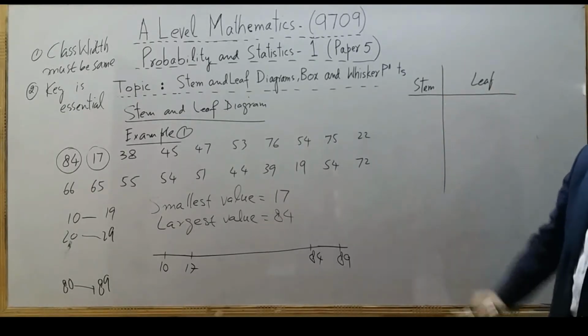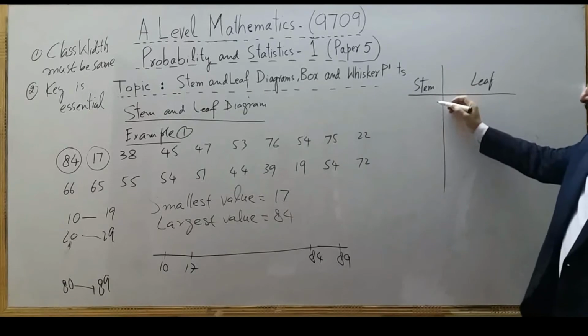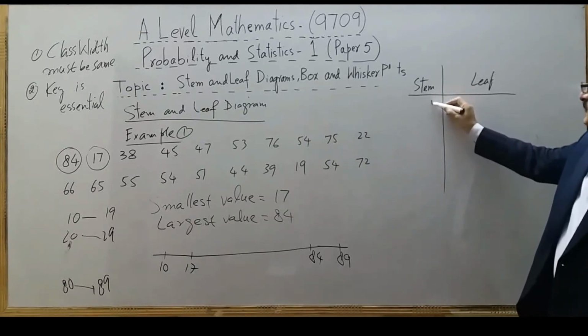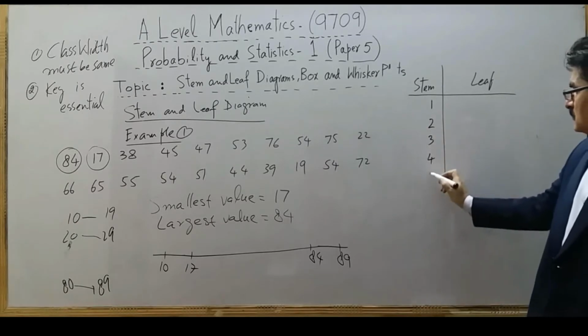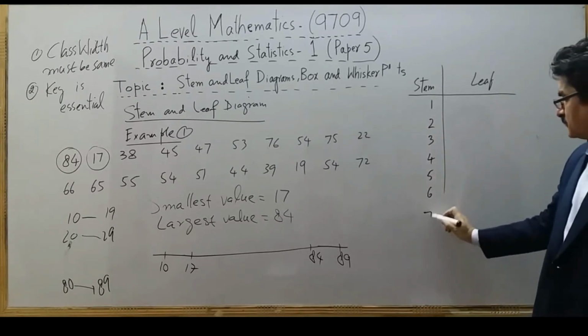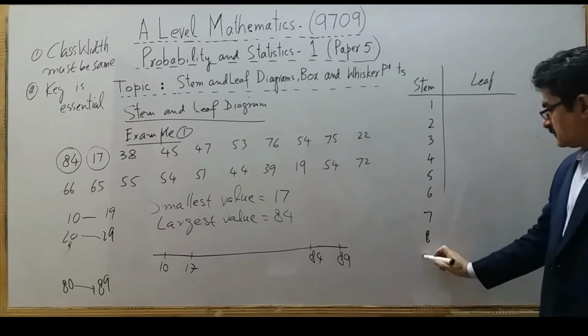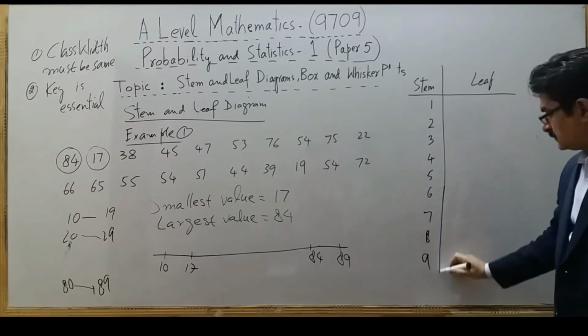Now we have to decide about stem and leaf. It's 2-digit data. The stem we can take is the tens digit. So you write 1, 2, 3, 5, 6, 7, 8, 9.